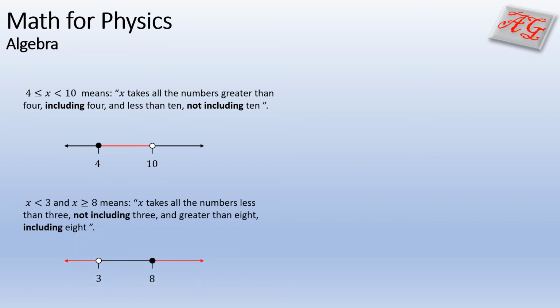In this case, the correct diagram to represent the inequality x is less than 3 and x is greater than or equal to 8 is by drawing the 2 points as shown and setting a black dot on the 8 mark since it is included, and a red line going towards the right, and a hollow or white dot on the 3 since it is not included, and a red line going towards the left. Of course, you can continue to combine these inequalities to define different intervals on the same set of numbers.